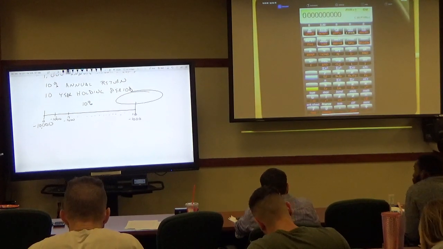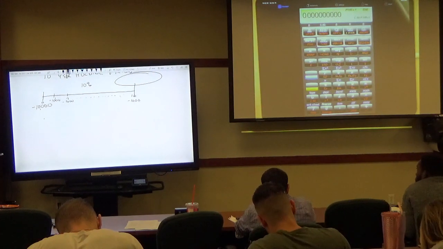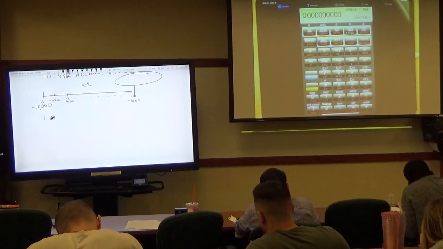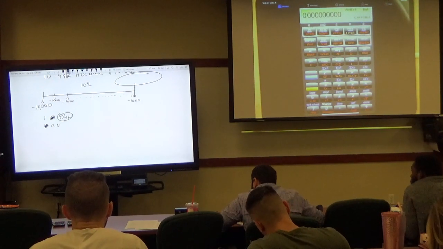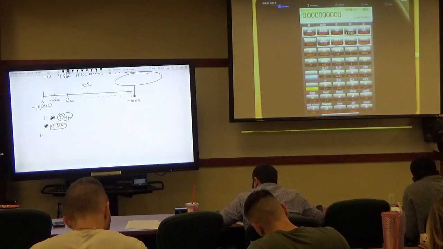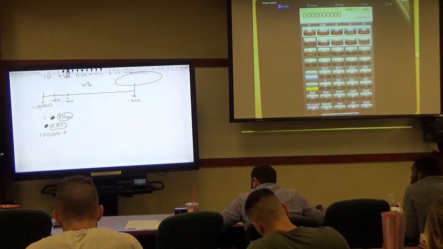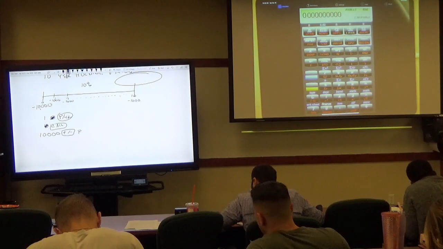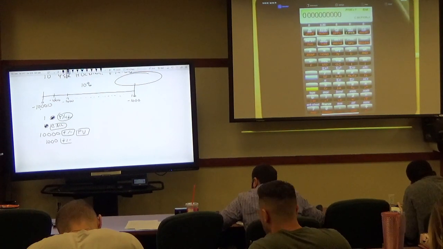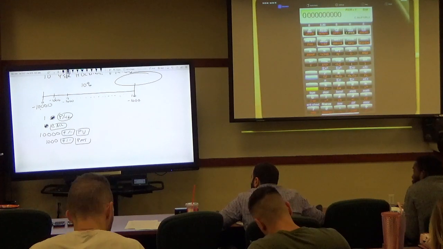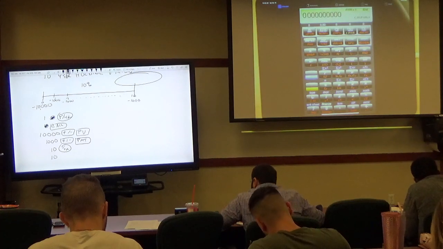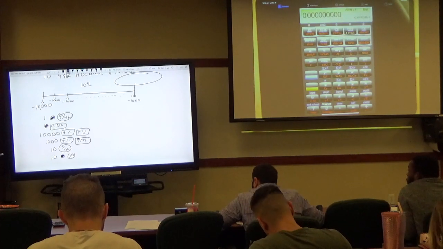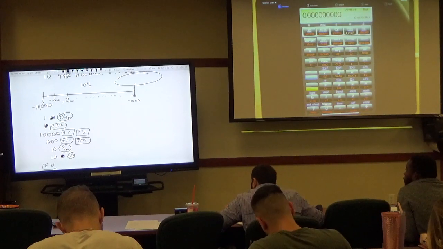So all you're going to do is 1 payment per year, clear everything out, $10,000 as our negative present value, 1,000 as a negative payment, 10% as our interest rate, 10 years as our term, solve for future value.